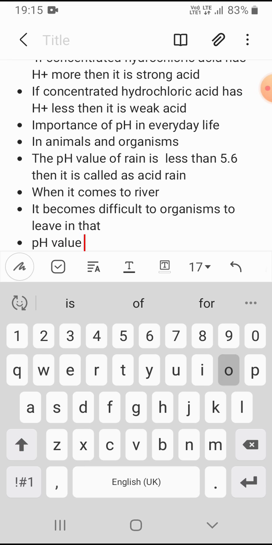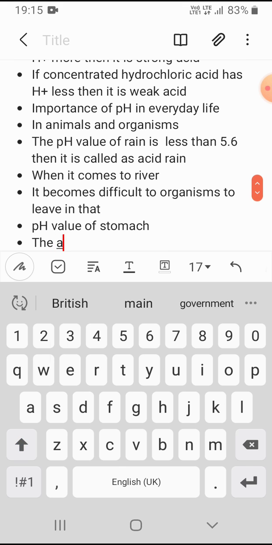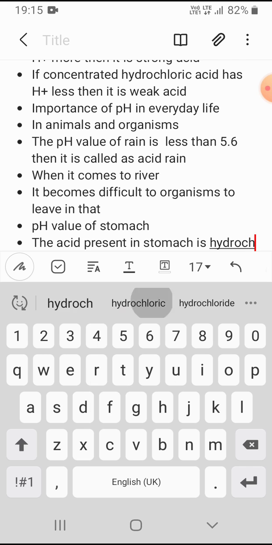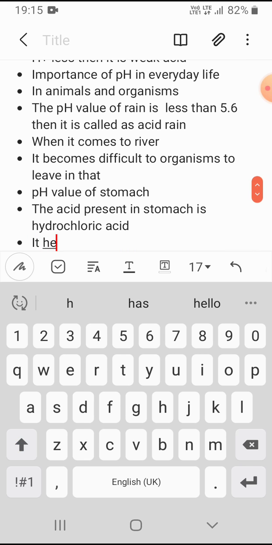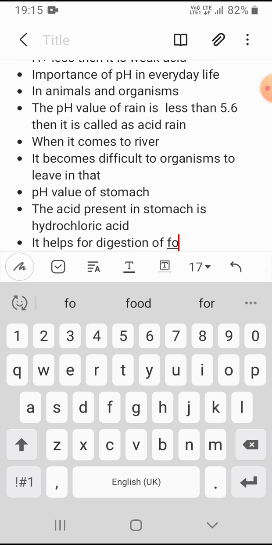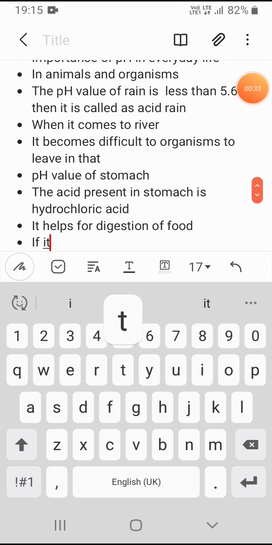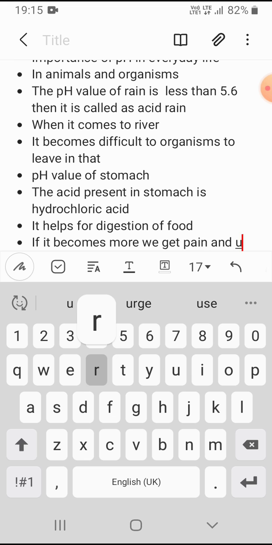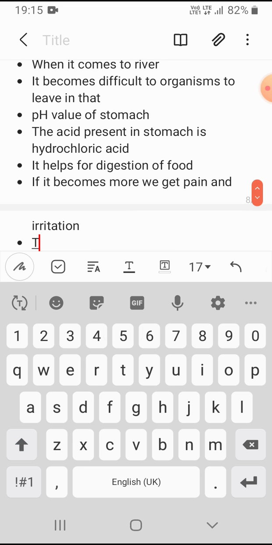Now the pH value of the stomach. The acid present in the stomach is hydrochloric acid. It helps in the digestion of food. And if the acid becomes more, we get pain and irritation. To stop this, we take antacids.